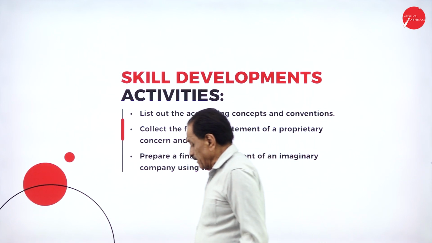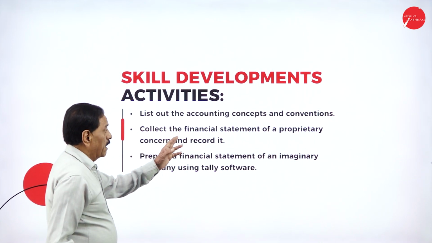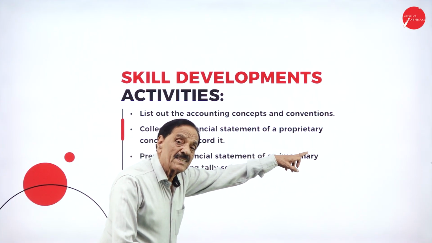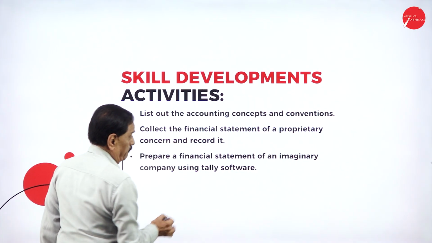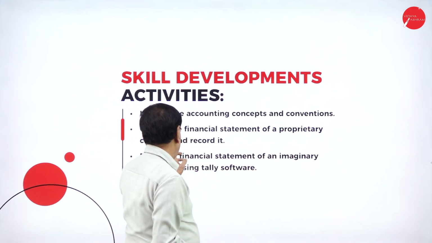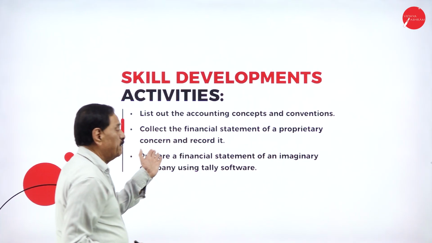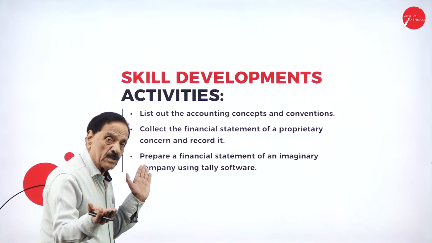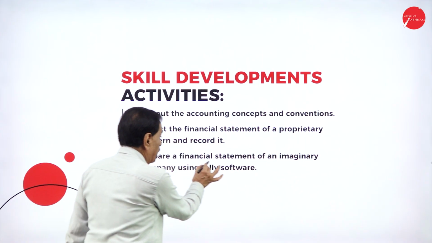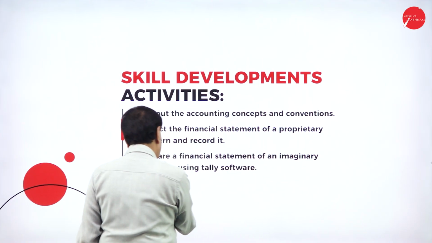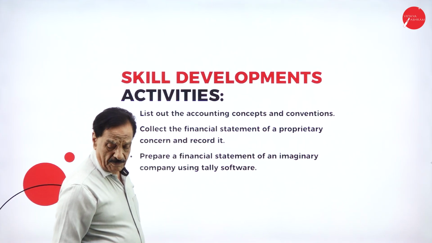Skill development activities: list out the accounting concepts and convention, which is most important. Collect the financial statement of a proprietary concern and record it, nothing but preparation of trading and profit and loss account and a balance sheet of a single man business. Prepare a financial statement of an imaginary company using Tally software.